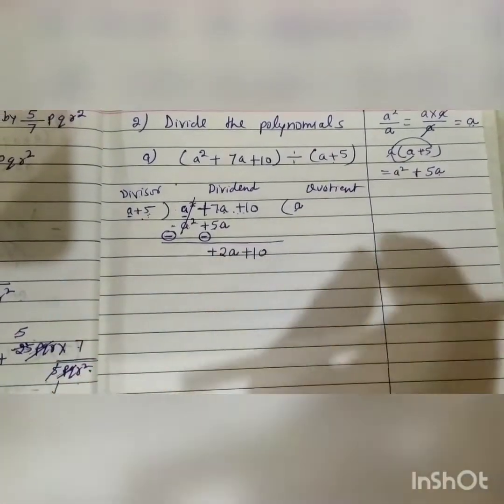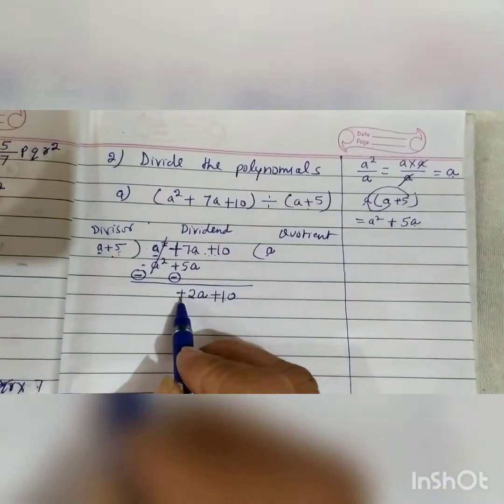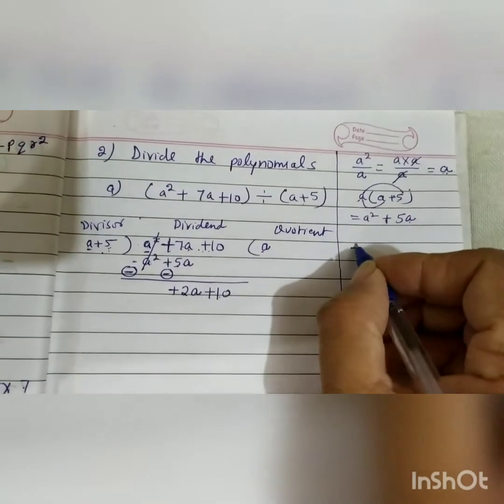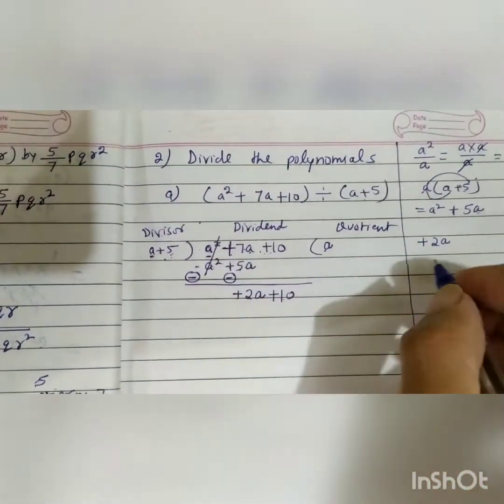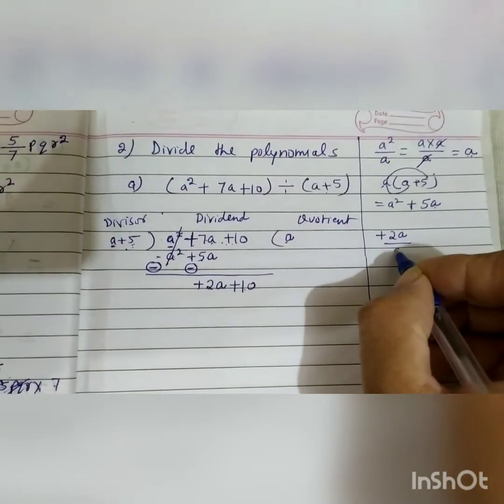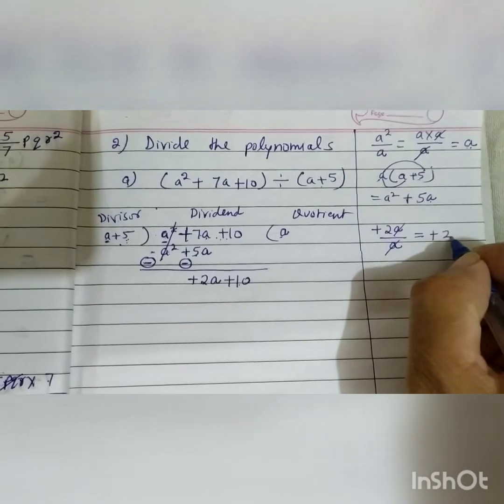Clear? Again follow the same procedure. Now the first term is plus 2a. We will write here plus 2a and again divide by this a. It is 2a upon a. When we simplify, a cancels, we get plus 2.